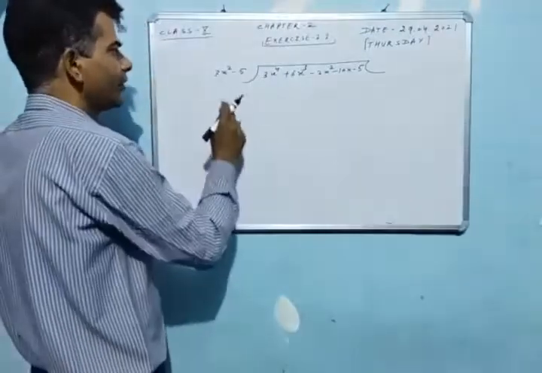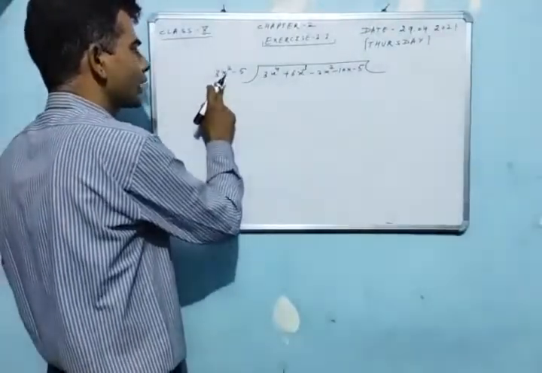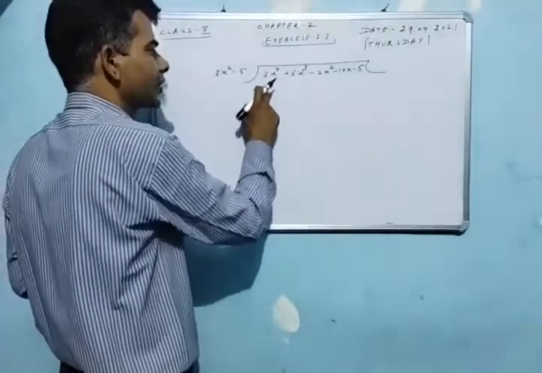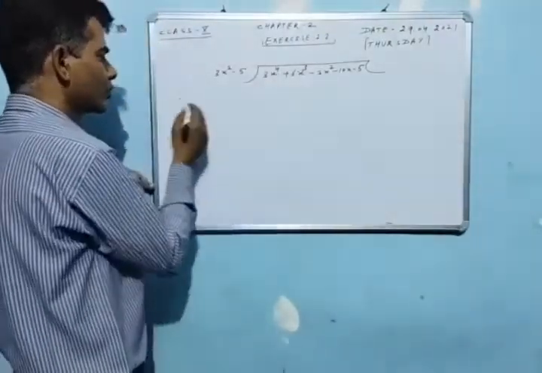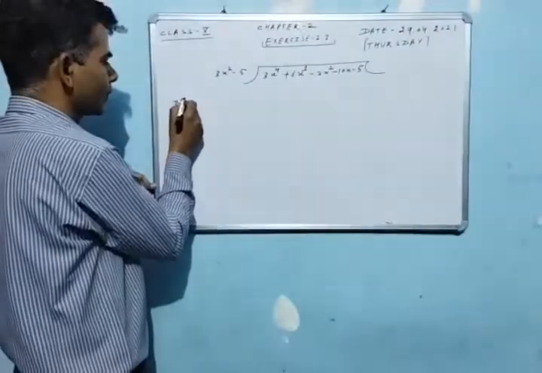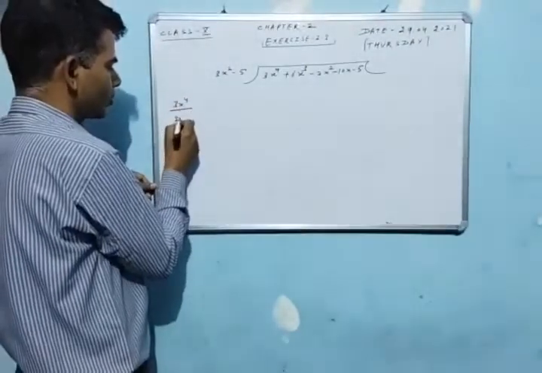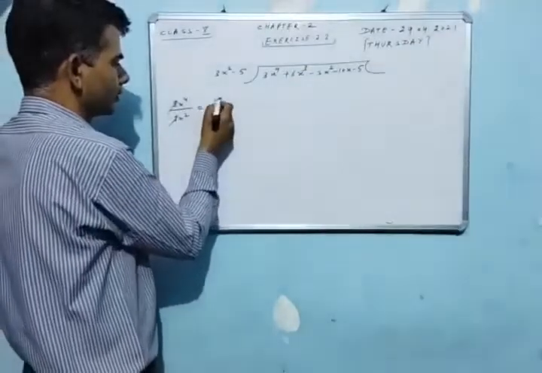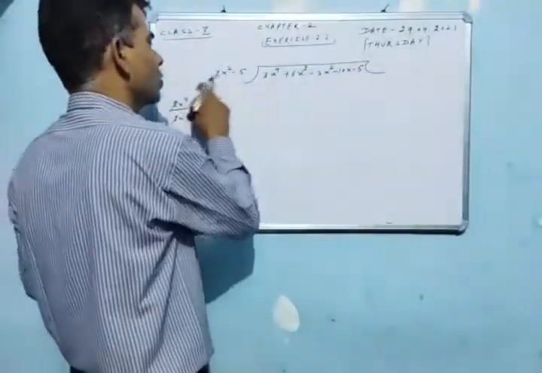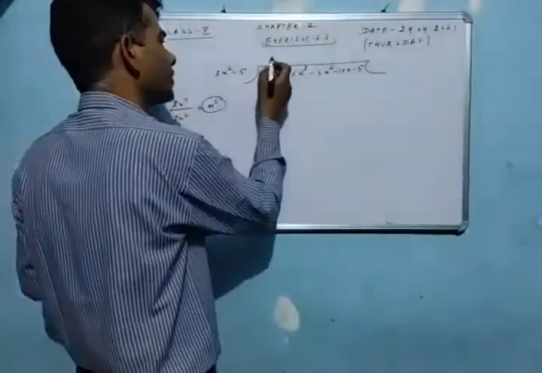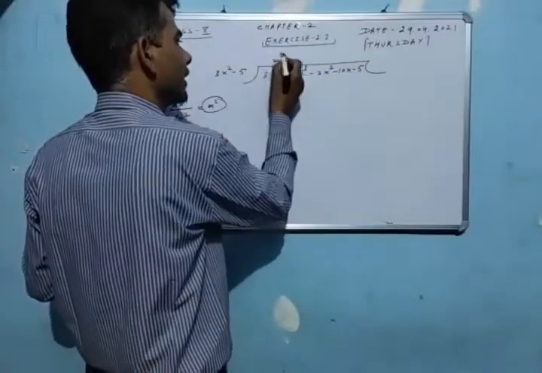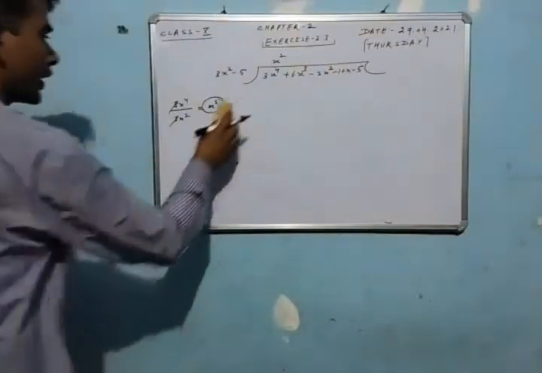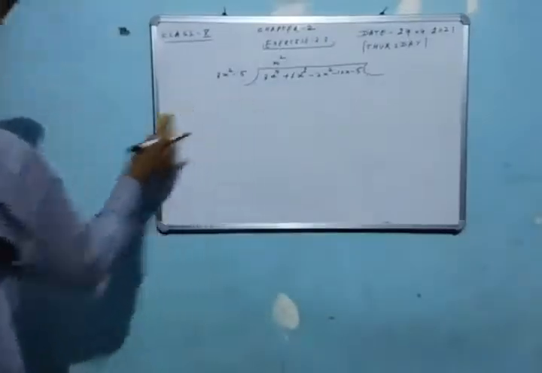Students, by which term 3x square is multiplied, the result will be 3x raised to power 4. Now 3x raised to power 4 divided by 3x square, the result will be x square. Now this whole 3x square minus 5 is multiplied with x square.